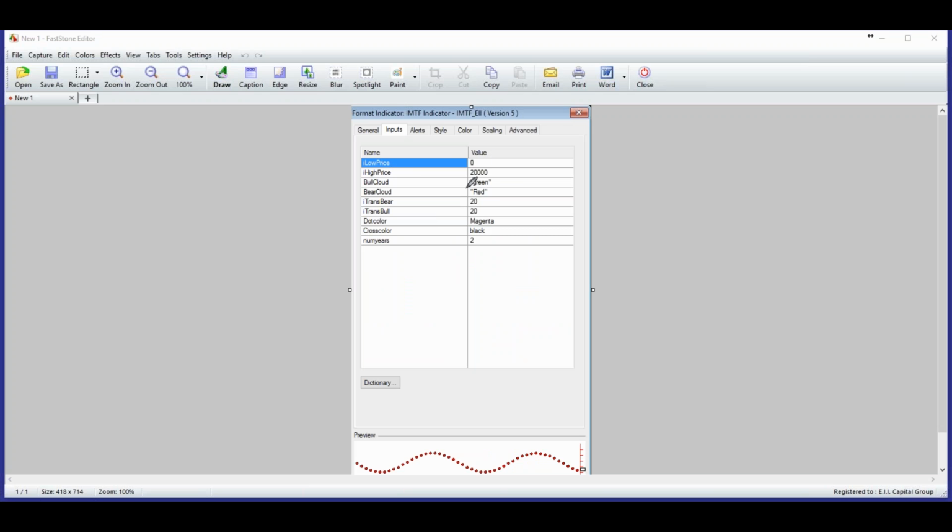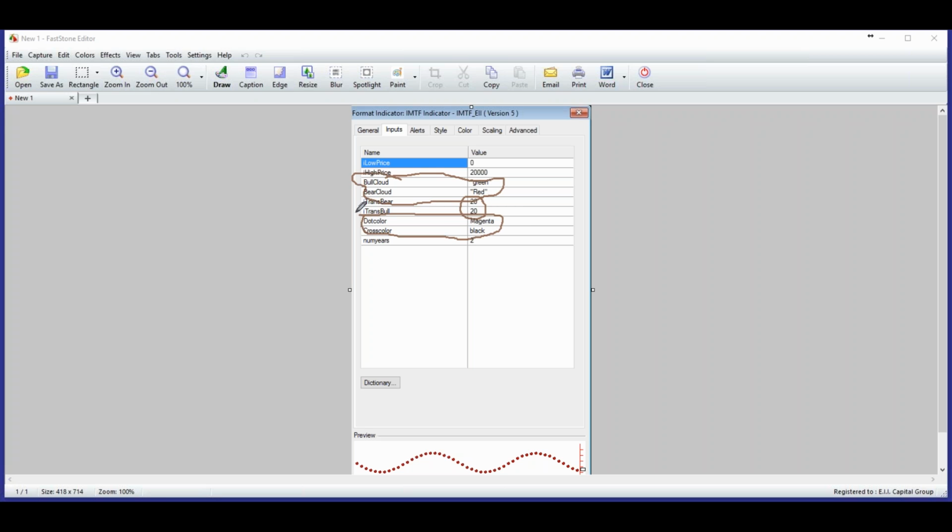If you want to change the color of the bullish cloud, the shaded area, or the bearish, that's right there. If you want to make the clouds, the shaded area, darker or lighter, this is where you change the transparency. If you want to make it lighter, change that to a different value right there. If you want to change the color of the dots, you change that right there.